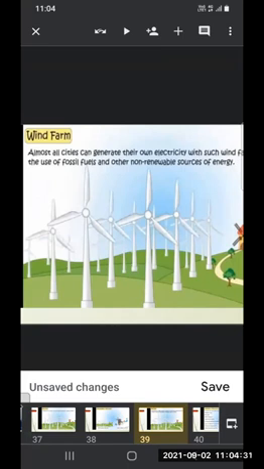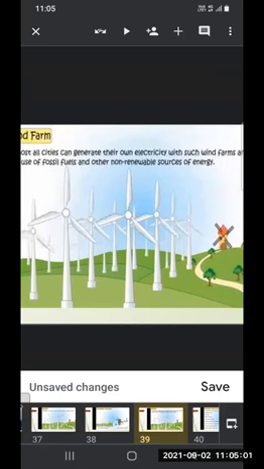Fossil fuels, as we have seen in nuclear power plants and thermal power plants, cause very much harm to us, as they create lots of pollution. So this is the alternative option, that almost all cities can generate their own electricity with such wind farms.